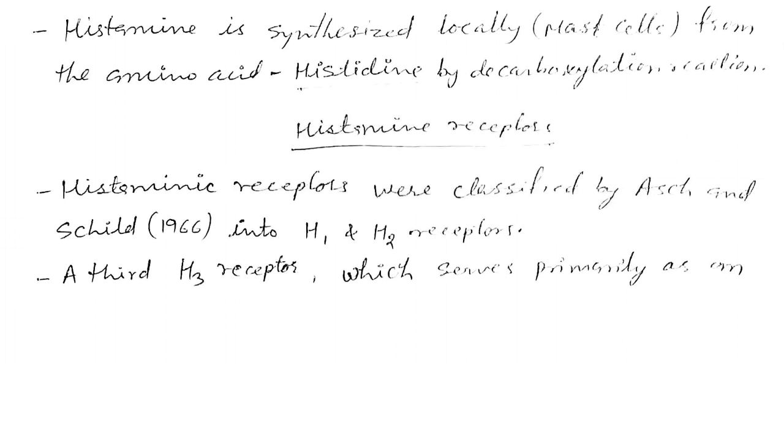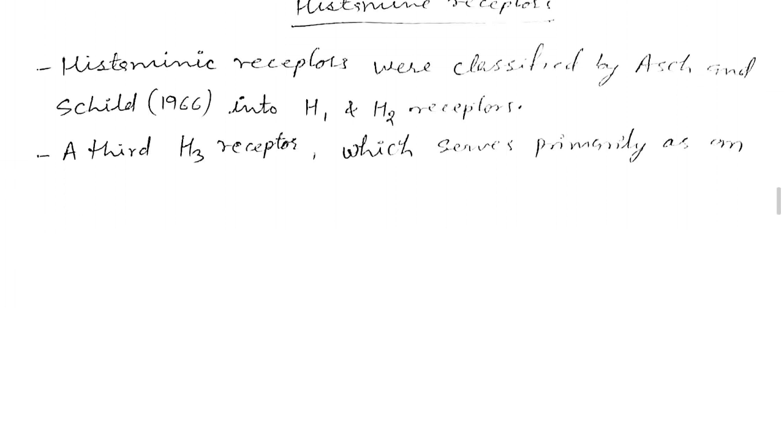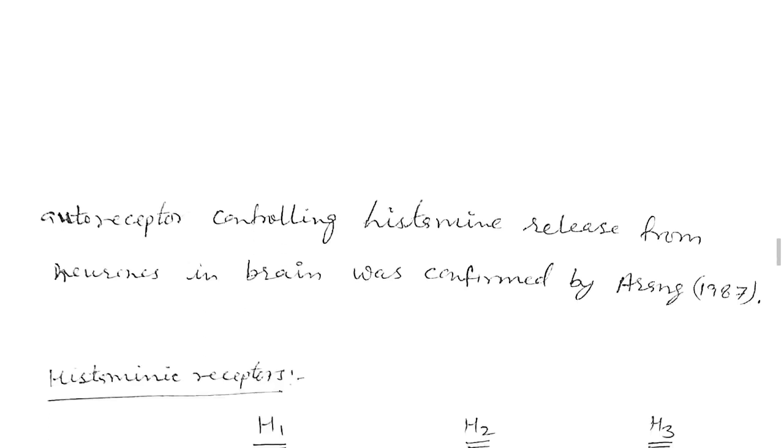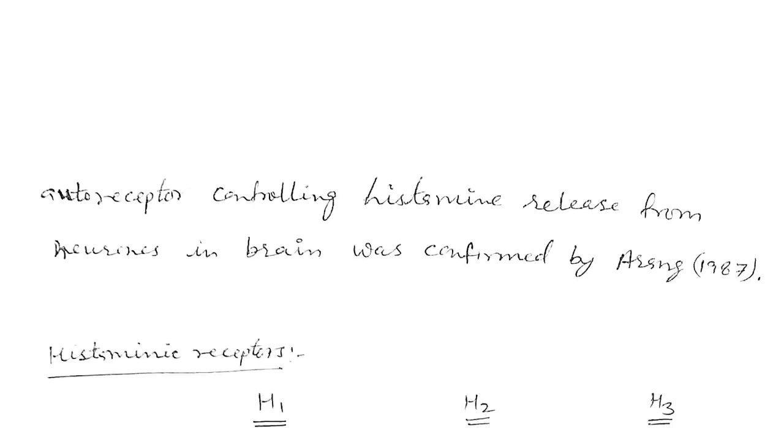But after that, a third histaminic receptor, the H3 receptor, was also discovered by French scientists in 1987, and these H3 receptors are present in our brain.